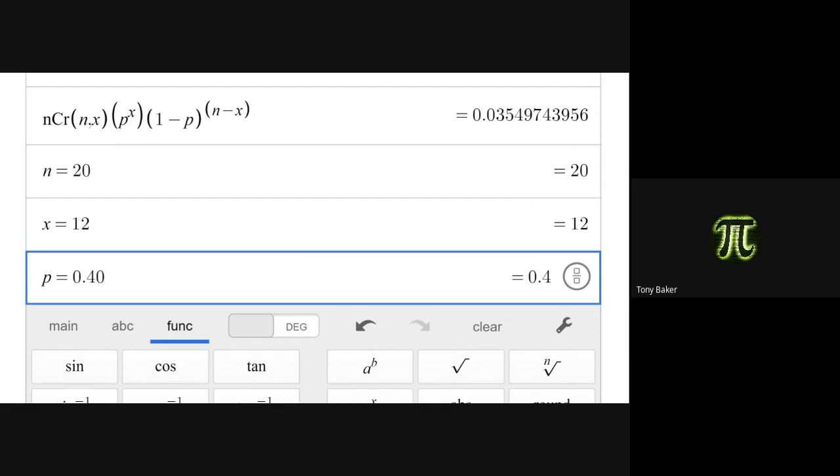So the probability that I would have exactly 12 people believing in ghosts is 0.035. That would be my probability of exactly 12 people out of the 20 believing in ghosts. So 3.5% would be the chance.